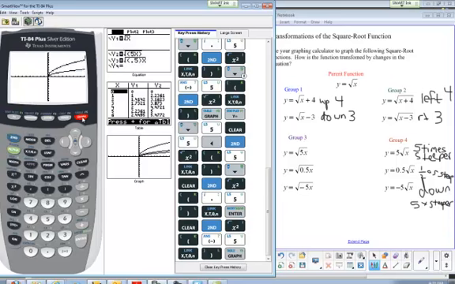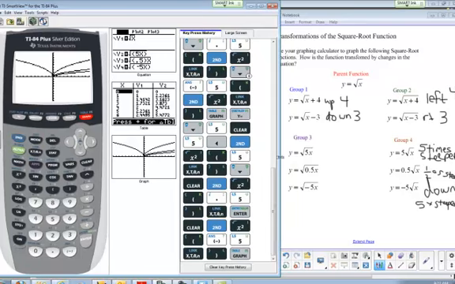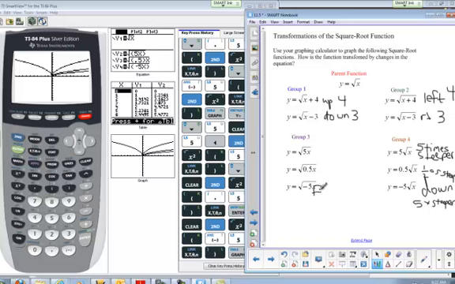Okay, so we've got our 5x, which is a bit steeper. We've got our 0.5x, which is a bit less steep. And then we've got our negative 5x, which means that's only going to work for the negative numbers. You see how that negative 5x went this way? Because the negative numbers make that positive. So this is a flip over the y-axis, where the negative outside is an x-axis symmetry.